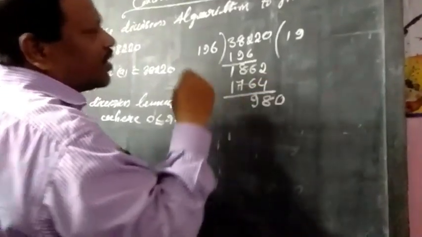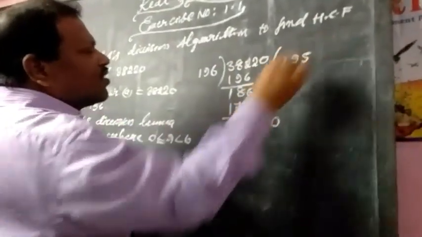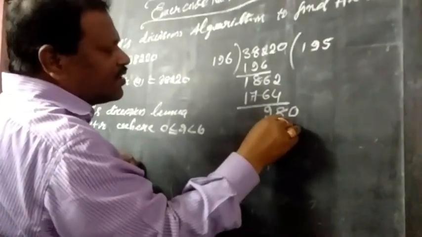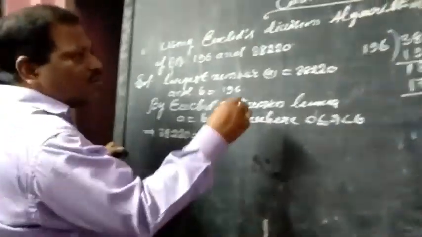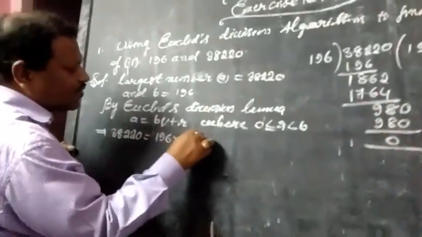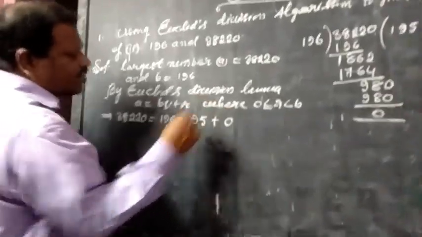So again put down, how many times? 5. 5 times is equal to 980. So the remainder is how much? 0. So how many times? 195 directly, plus remainder is 0.